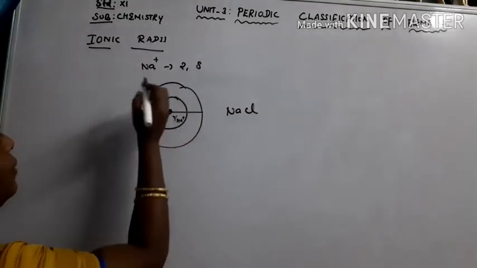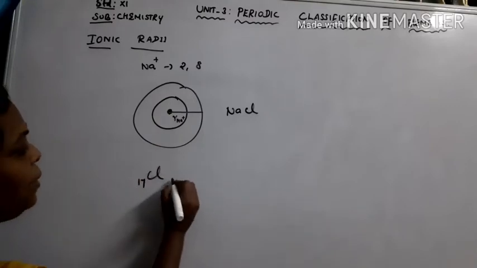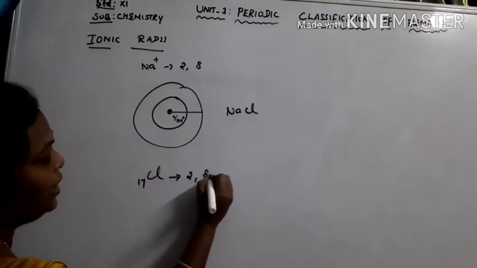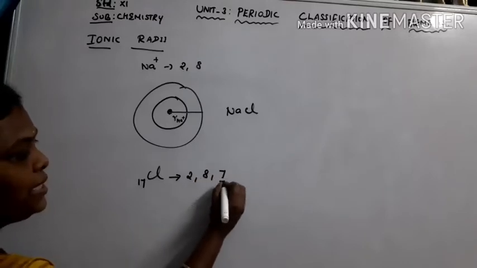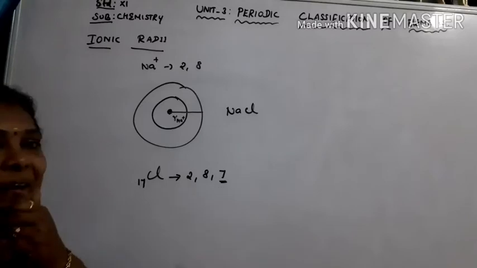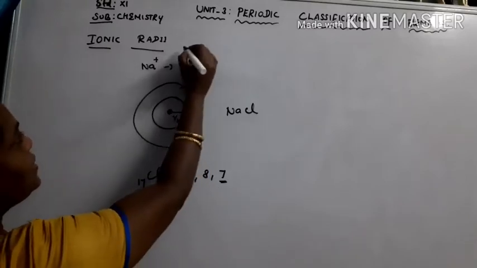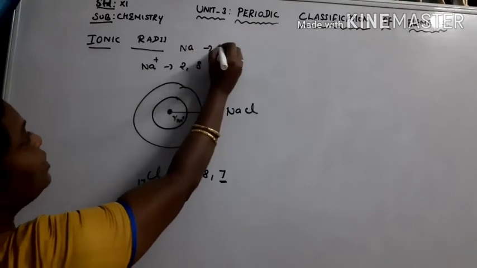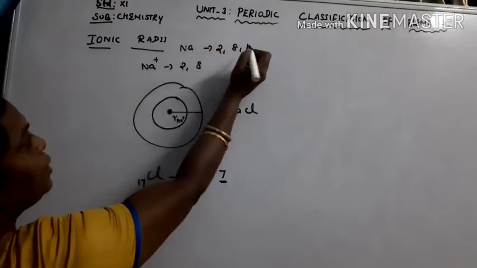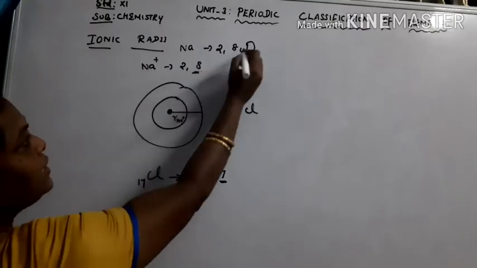For Cl-, chlorine has atomic number 17, so it is written as 2, 8, 7. To attain stability, chlorine has to gain 1 electron. First I wrote the sodium atom as 2, 8, 1; after losing the electron it attains 2, 8, the inert gas configuration.